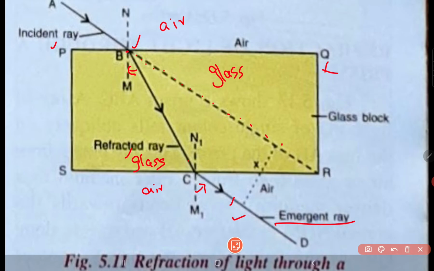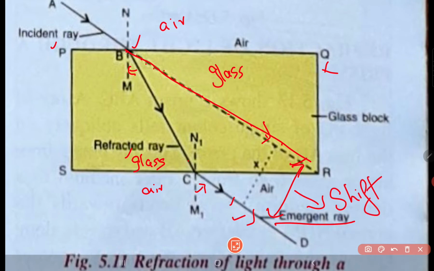Now as you can see, this ray, the incident ray, if it is produced forward, and this emergent ray are parallel to each other, but they have been separated by a distance. This is known as lateral displacement or shift.